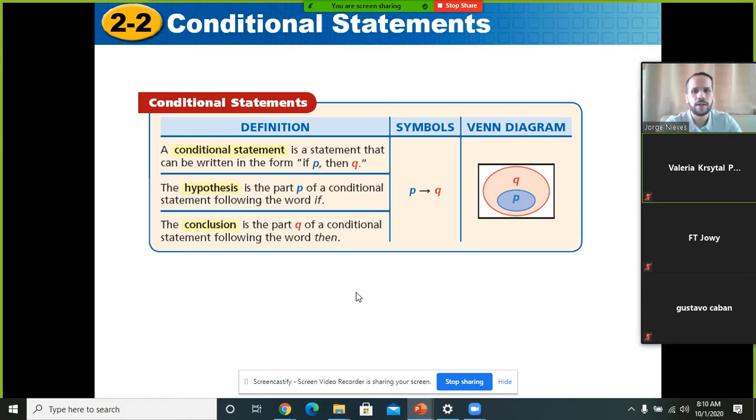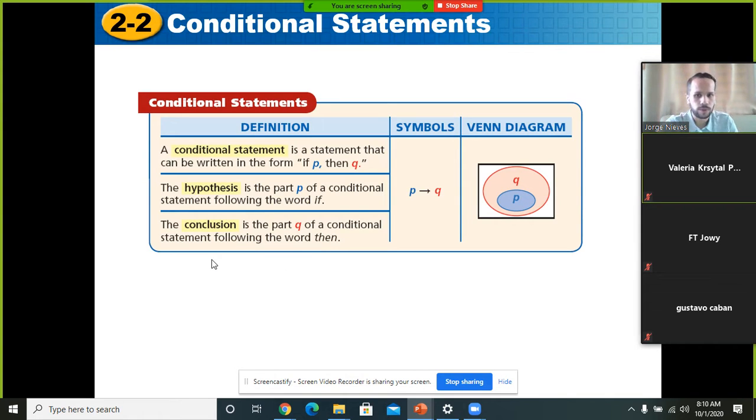The hypothesis is the part P of a conditional statement following the word if. The hypothesis in science is a possible answer to a question.